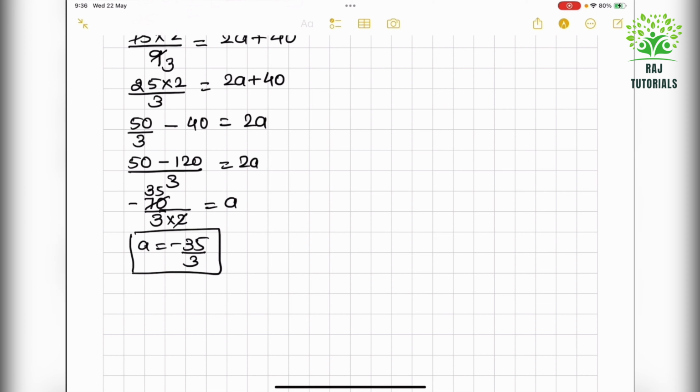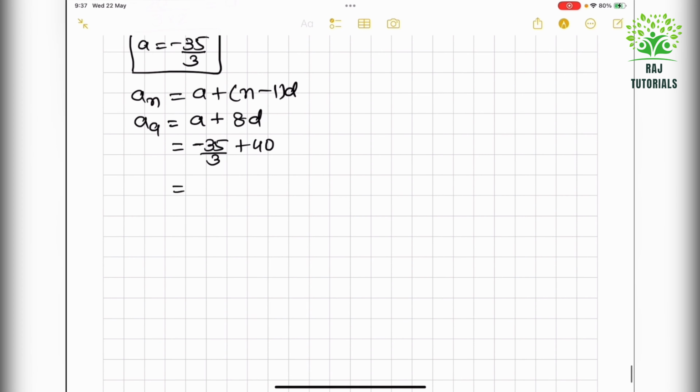Now I got value of a, I know d and I know n also. So I have to find an equal to a plus n minus 1d. Now a9 will be equal to a plus 8d. So a9 is minus 35 by 3 plus 40.